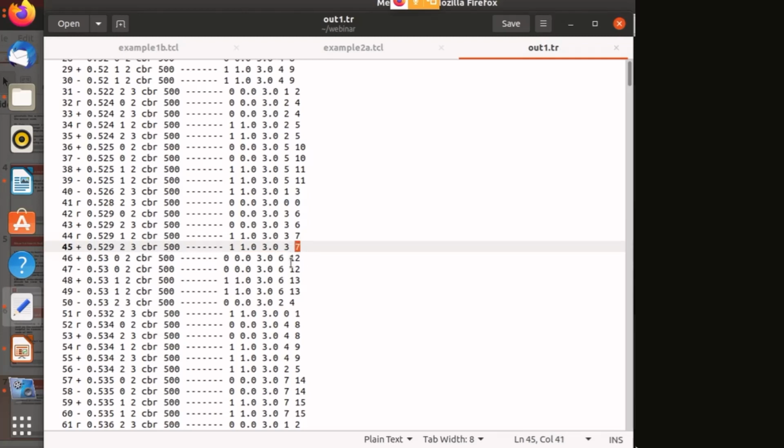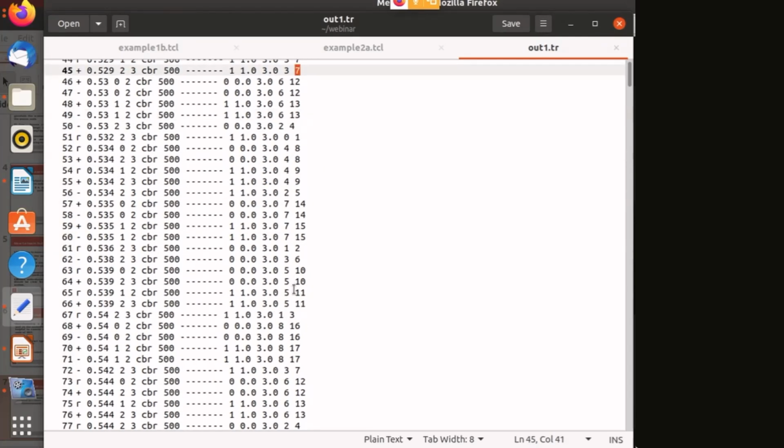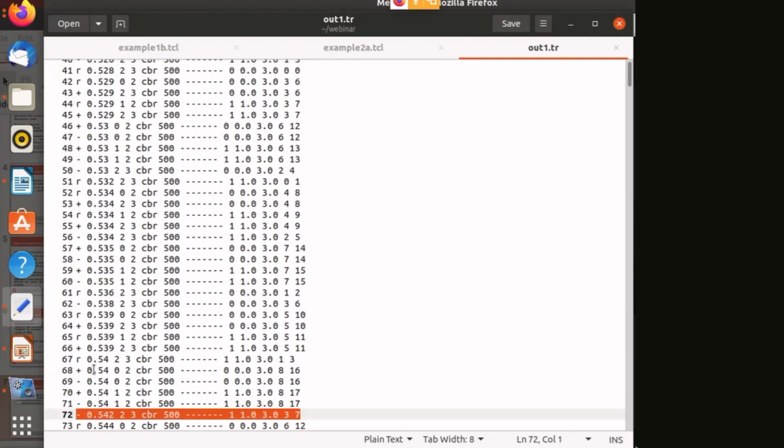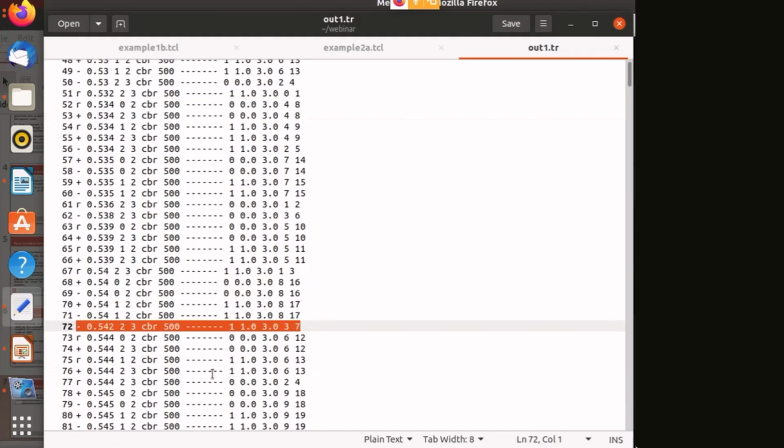So let us see packet ID 7 again. Wait a minute. Okay, here it is. Now compare these two lines. First, line number 45. What is written here? 0.529. At this time the packet was enqueued, and line number 72 shows that at time 0.542 the packet was dequeued.